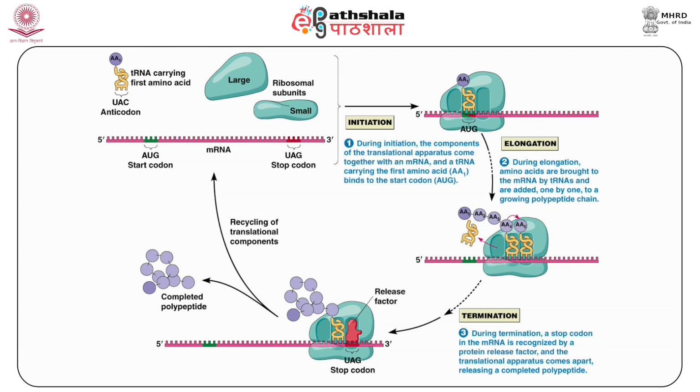Secondly, as soon as the correct coupling of mRNA and tRNA takes place, first a peptide bond is formed as a new amino acid arrives. The first amino acid to be released is methionine.